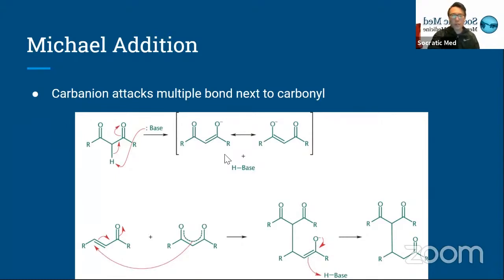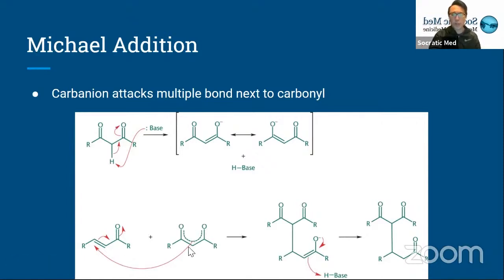So what happens is you resonate the negative charge from the oxygen down, and use that negative charge to attack either a double bond or a triple bond on another molecule. On the bottom line, you see the molecule with the dotted lines that represents the negative charge resonating between the two carbonyls.